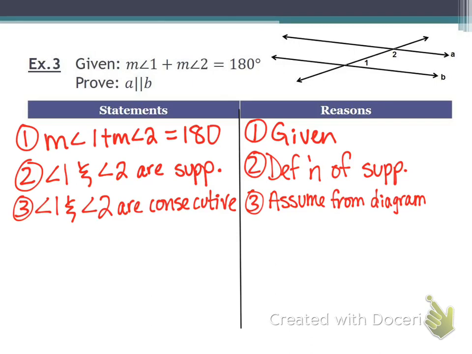If we know that angles 1 and 2 are consecutive and they're supplementary, what does that tell us? They're not equal to each other. Consecutive angles are supplementary. What does that tell us about our lines? They're parallel. So we can go to our proof statement now.